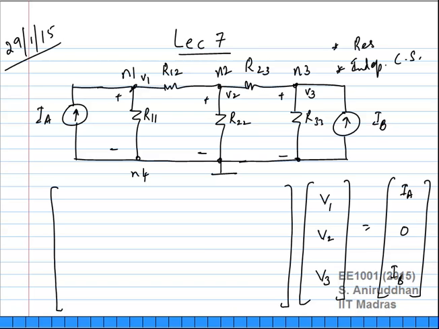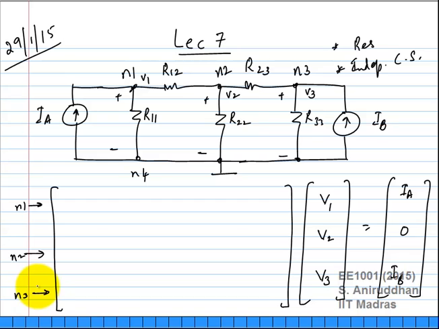What about the conductance matrix? We learned how to write this also. So first of all, each row will correspond to the KCL equation for that particular node. Okay, so this will correspond to node 1. So I'll have something at node 2 and node 3.